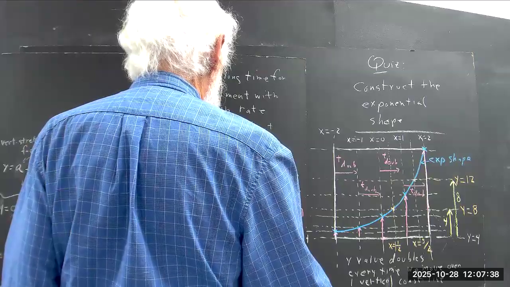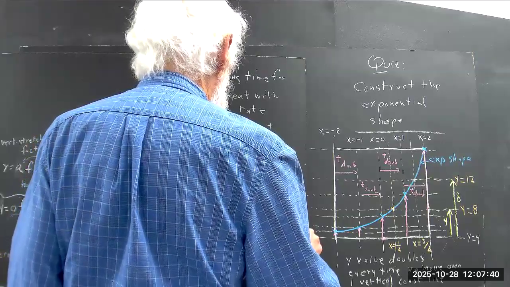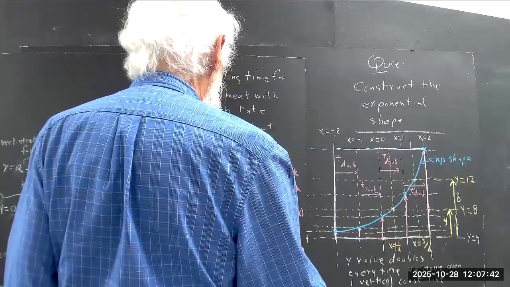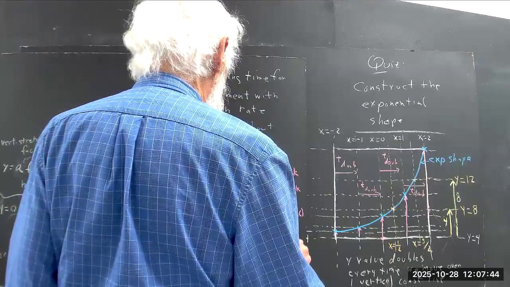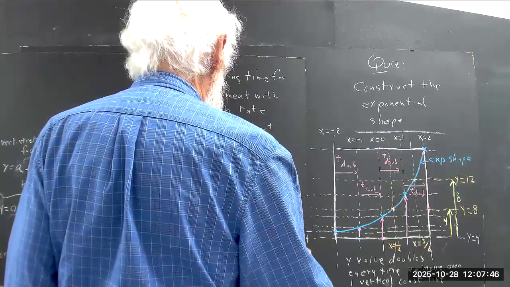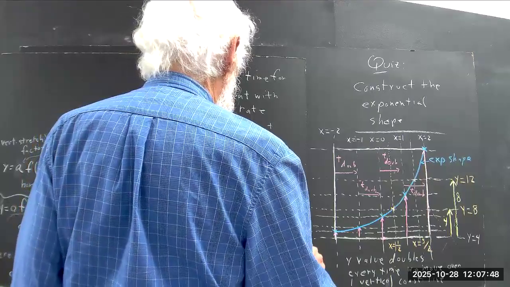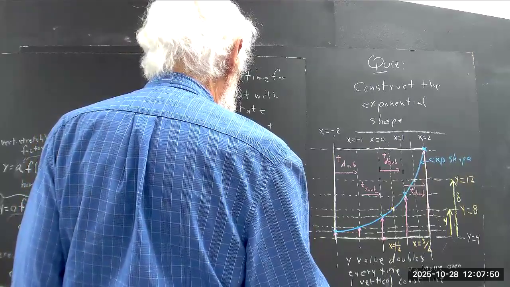Which is 400 times 2 to the 1/18 times T minus 36.